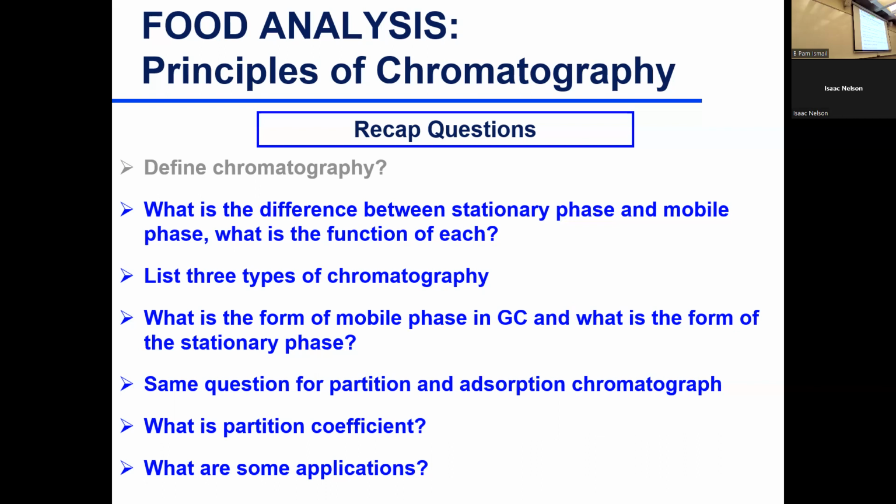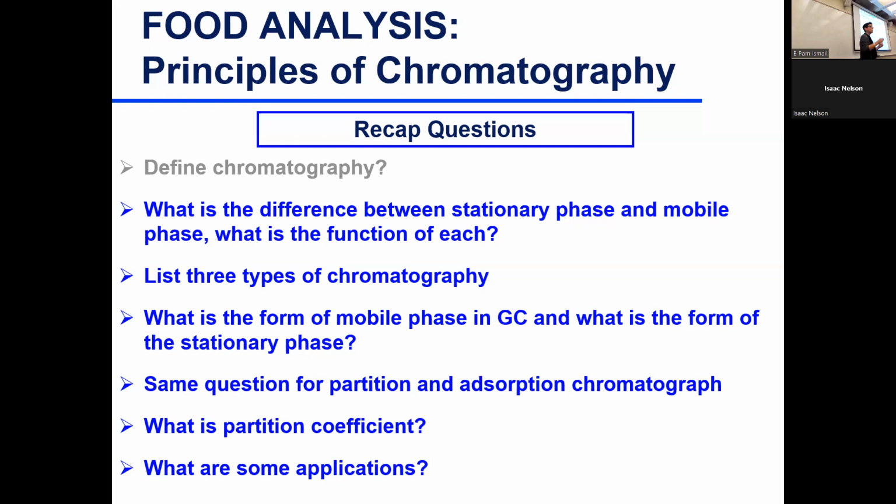TLC. TLC, yes, you got me there. I meant to say supercritical fluid chromatography, which we will talk about as well today. So these are the 3 types of chromatography.